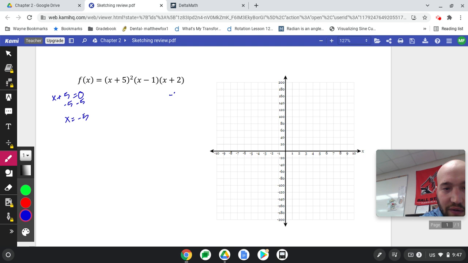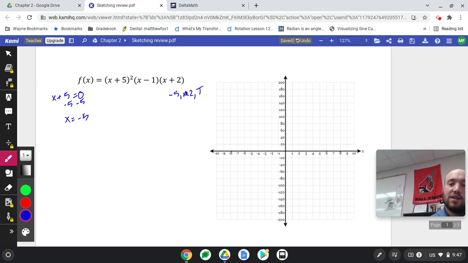So that's a 0 of negative 5 with a multiplicity of 2 because it's to the second power here. That multiplicity of 2 means it will touch but not cross, okay? Touch at that spot.